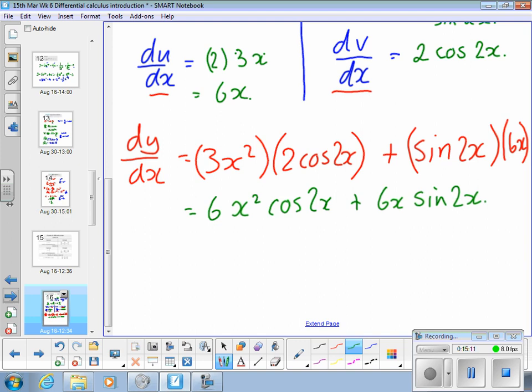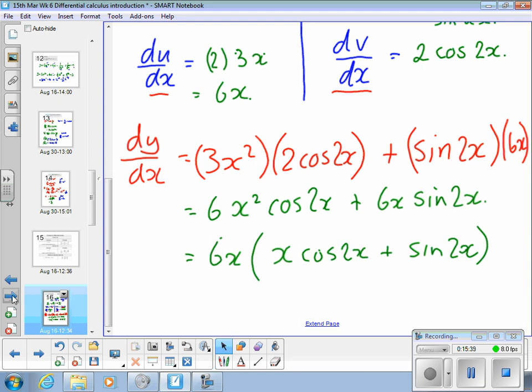Any further simplification you can see? What can we take outside the brackets? 6x. 6x times x cos 2x plus sine 2x. Alright. In an exam, I would expect that or that as a valid solution.